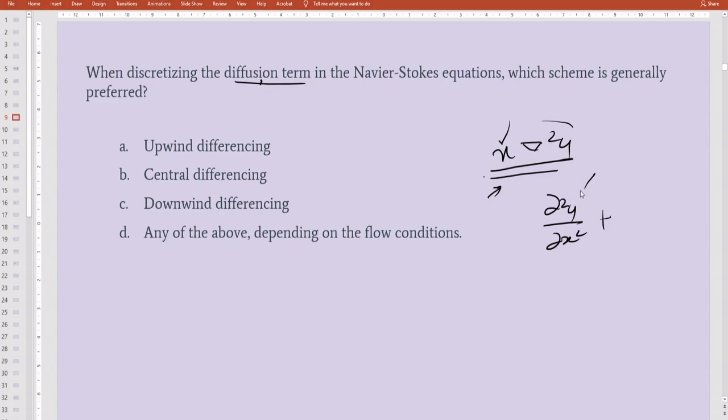So spatial movement of something, that is a diffusion term. So this is a second order partial derivative. For that, we will be using central differencing, not forward or upwind or downwind schemes. So mostly preferred in diffusion cases is the central differencing because it has higher accuracy.